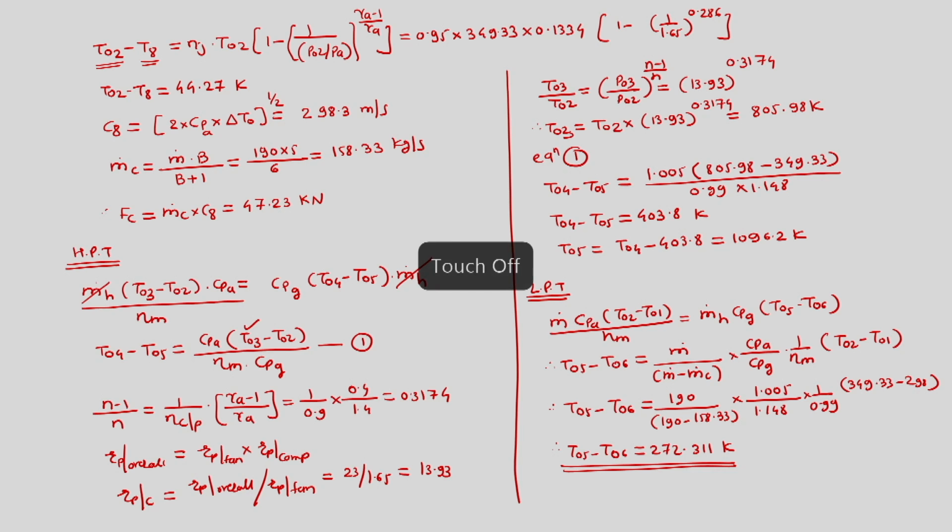Now we can move ahead and work out the hot nozzle. For the hot nozzle, we know the conditions at the inlet, the pressure and temperature. So we can first find out the choking condition for this nozzle.